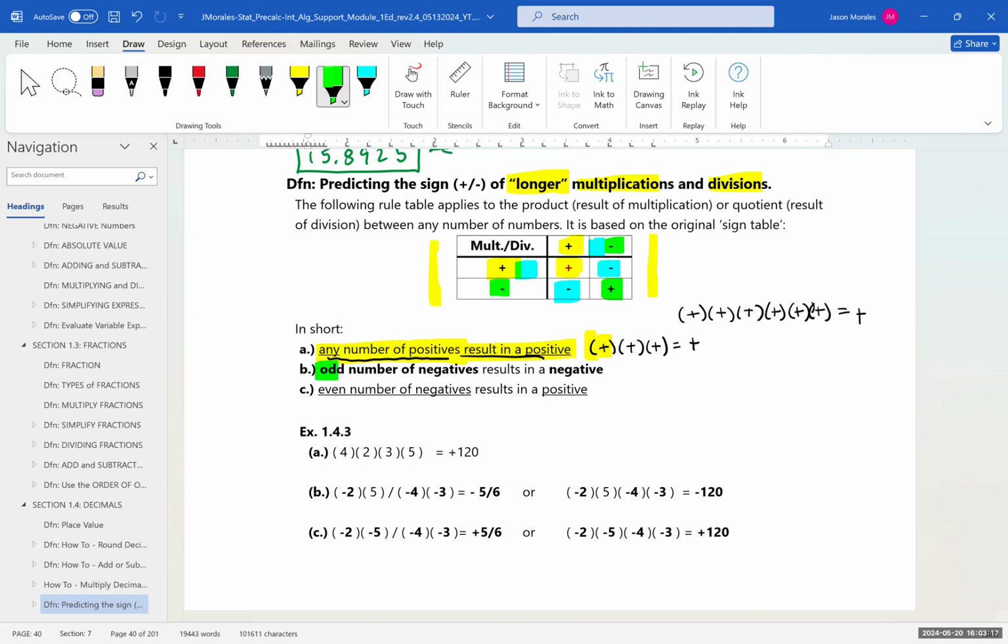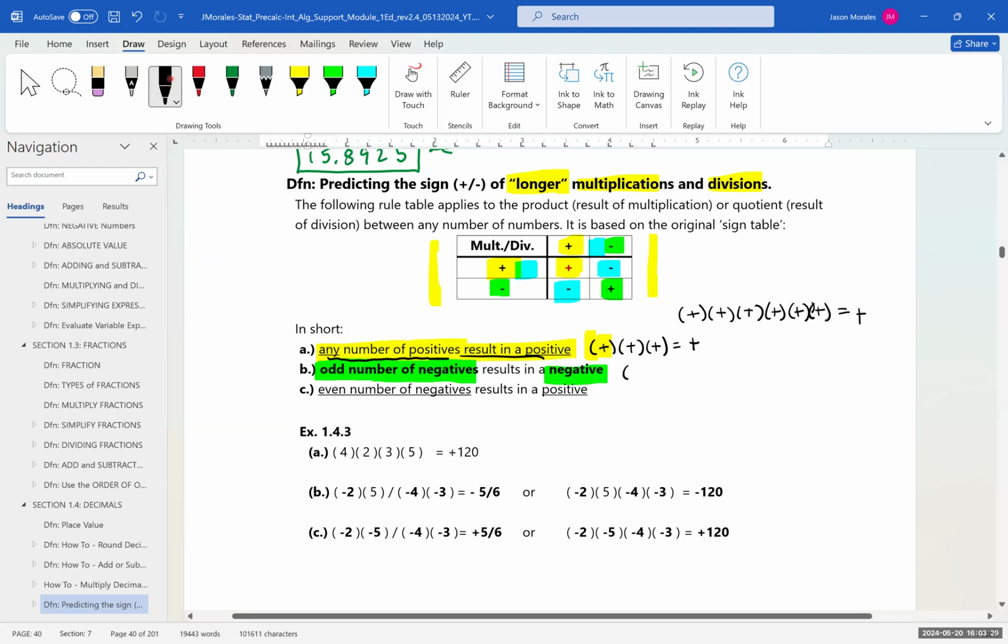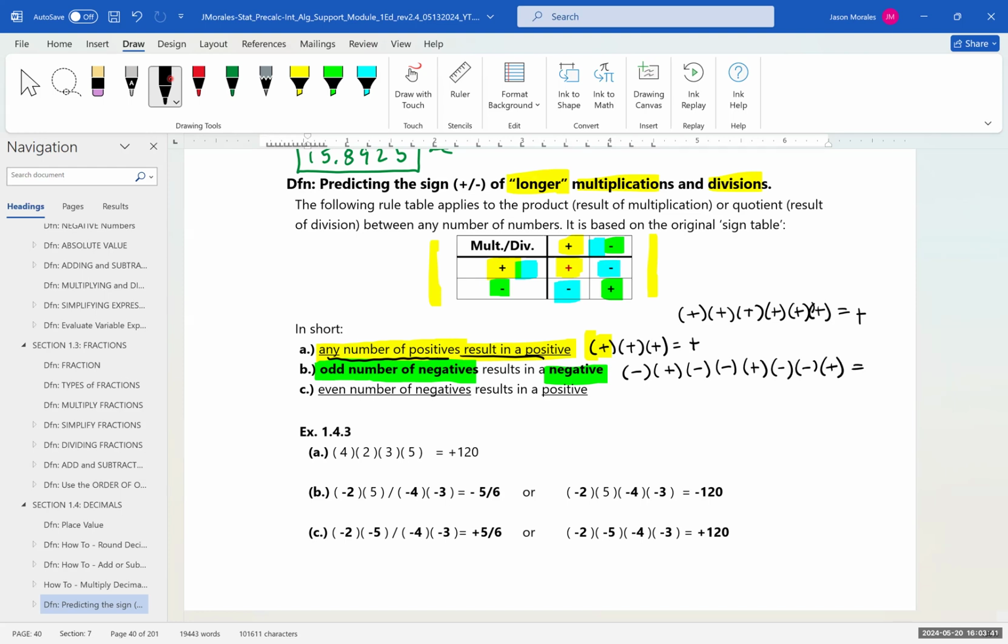Next, an odd number of negatives will always give you a negative result. So, let's say we looked at this scenario. If you were to multiply all of these numbers together, you would just check and see if you've got an odd number of negatives.